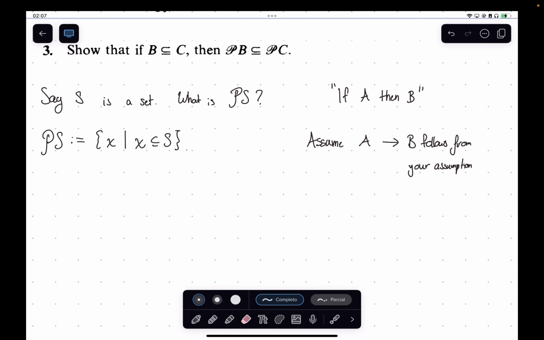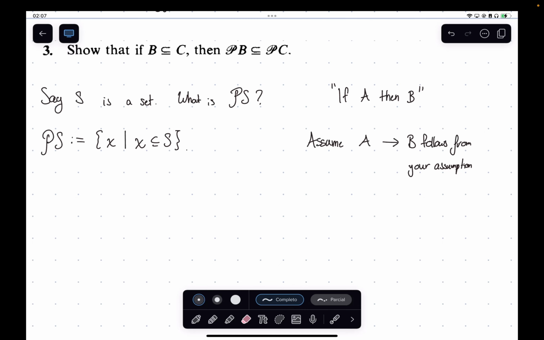Cool. So how do we go about proving this? In general, if you've taken a logic course or if you've done math proofs before, then you'll know how to do this sort of question. But in case you haven't, let's just go over it a little bit slower.